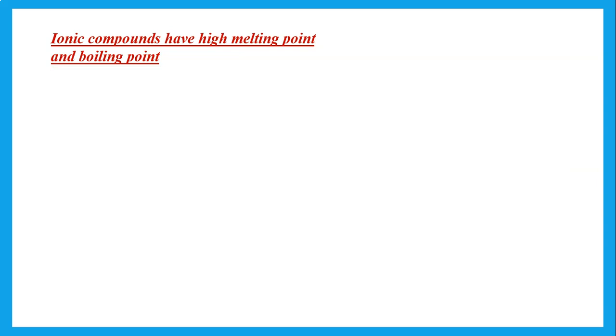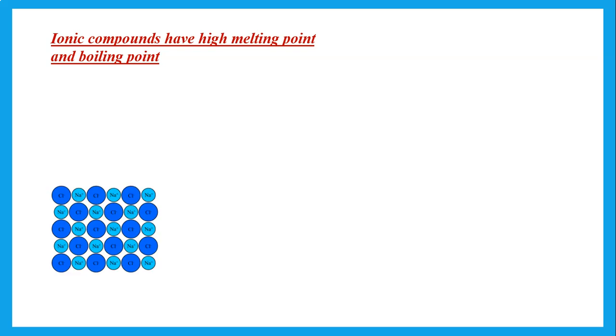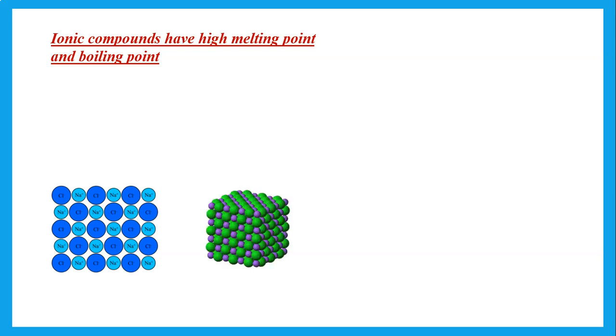Okay, another thing is ionic compounds have high melting and boiling points. This is because of the structure. If we talk about the structure of ionic compounds, we're going to say the structure is in the form of a crystal lattice. The crystal lattice is a giant 3-dimensional structure with alternating positive and negative ions. So I don't have just one sodium next to one chlorine.